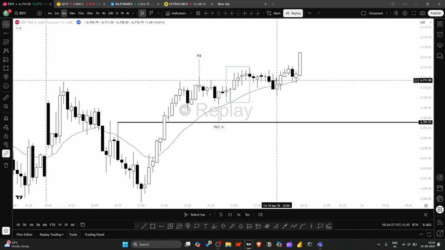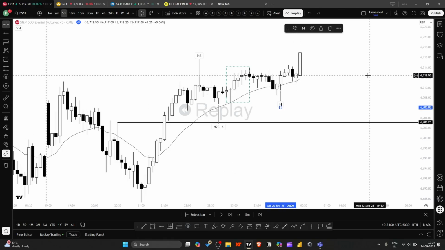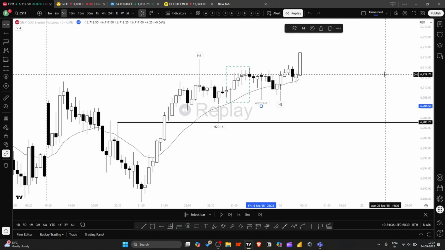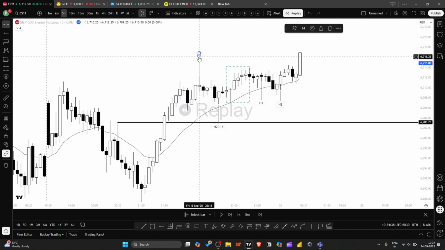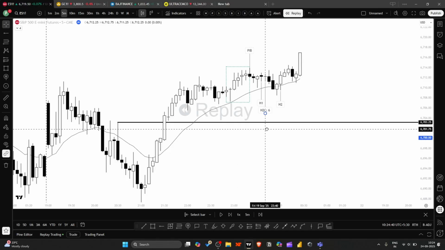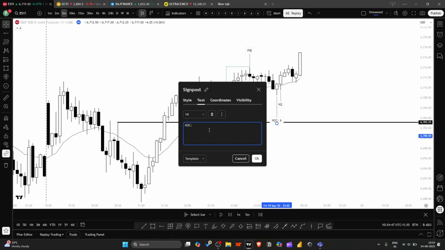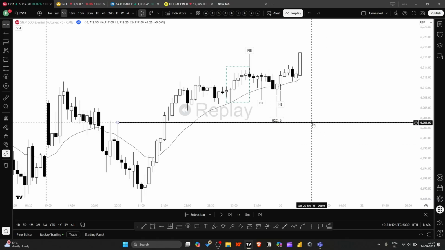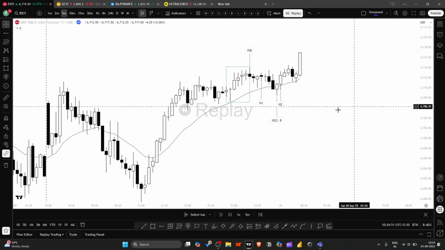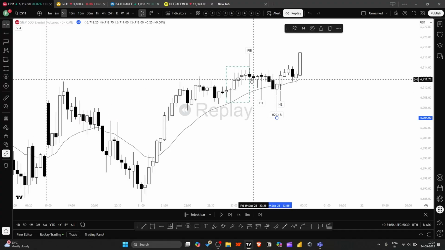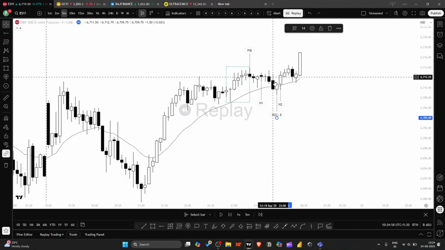This was the H1, this was the H2. We got the 8th bar to be the H2 signal bar.